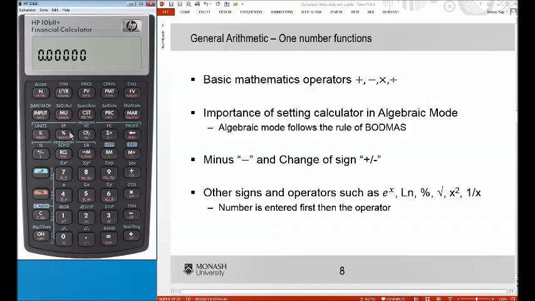We have the percentages, the square root, square, inverse, and we also have y to the power of x. For these operators, the number needs to be entered first, then the operator. We will look into some examples in the next slide.